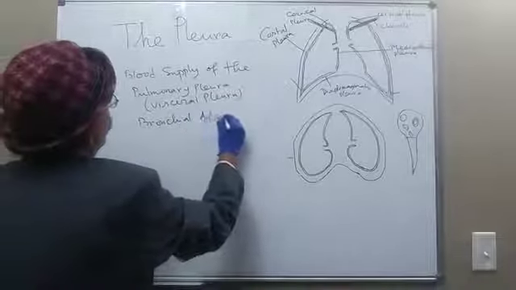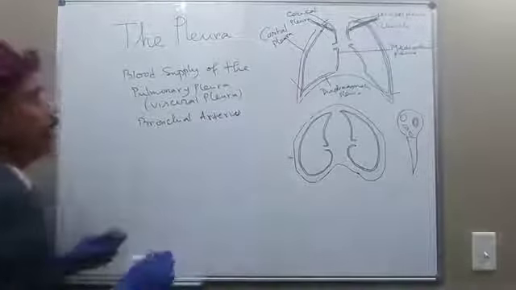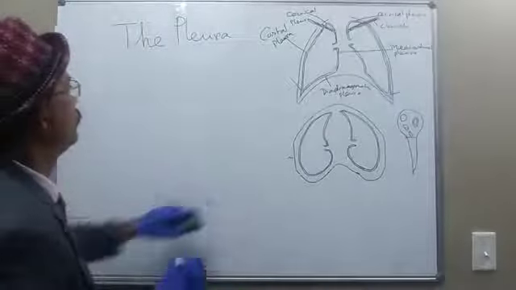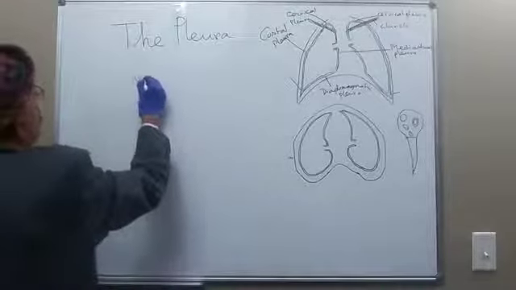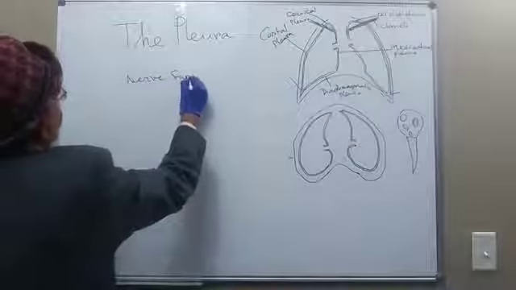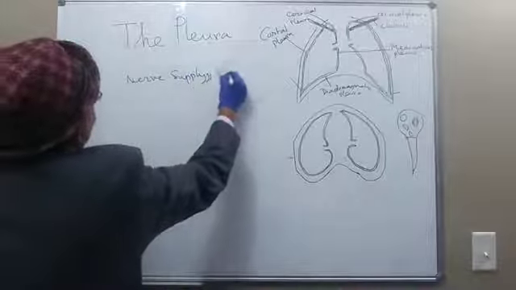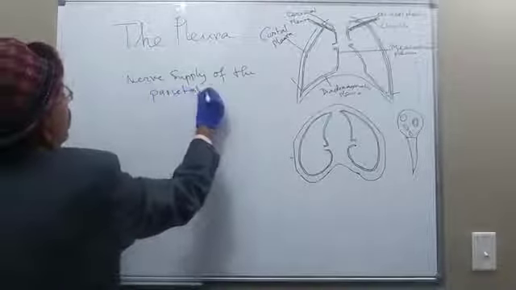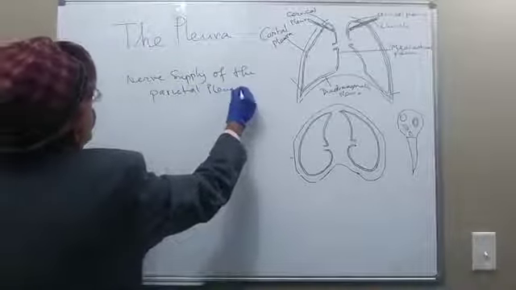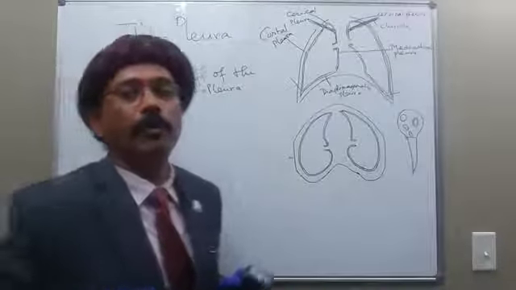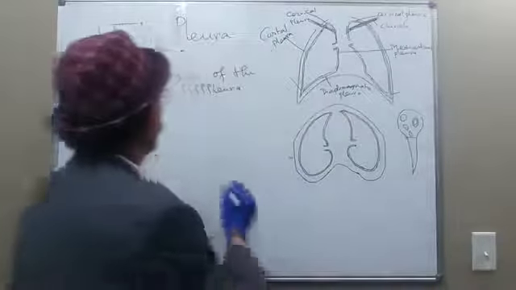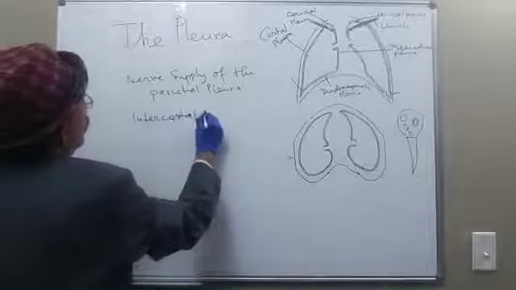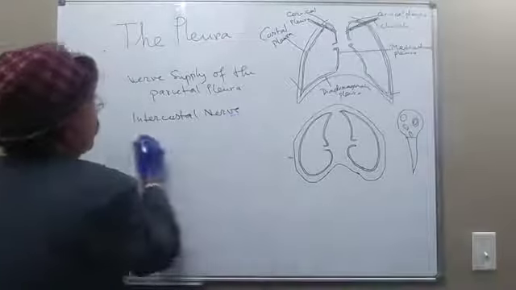Okay, we got that. How about the nerve supply of the parietal pleura? Nerves of the parietal pleura, like our body wall, are from the intercostal nerve, most important, and the phrenic nerve.